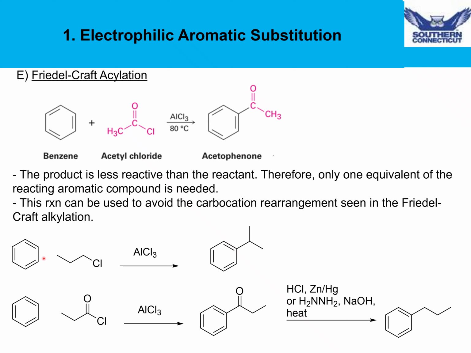Here's an example of how that plays out. If we have a primary alkyl halide and add aluminum trichloride to it, instead of getting a substituted product that has a propyl group, we get this isopropyl group. That would be a result of a rearranged product, so it starts off with a primary carbocation rearranging through a hydride shift.